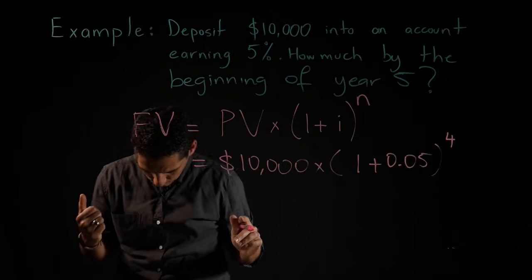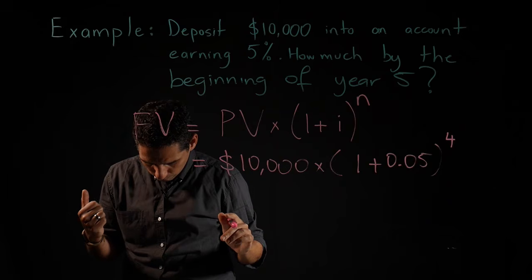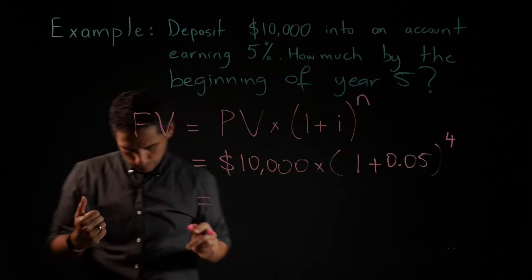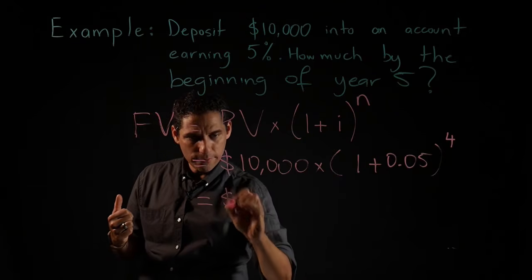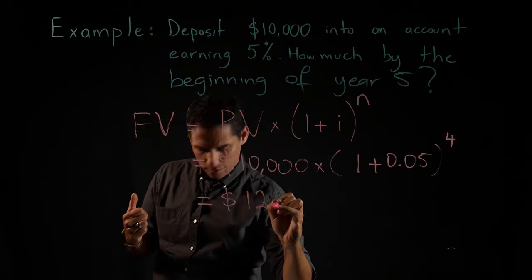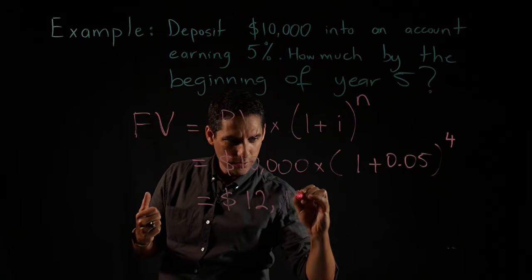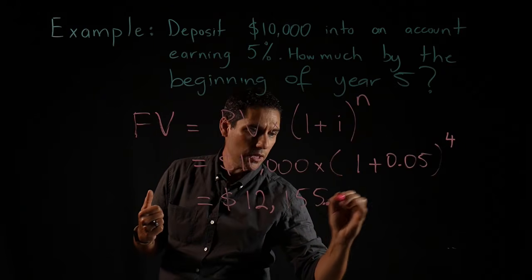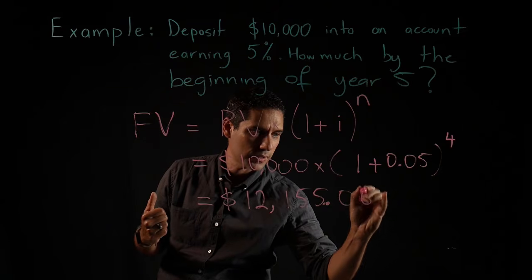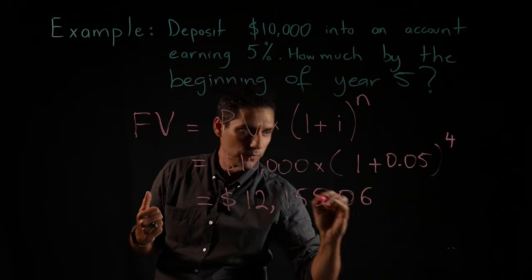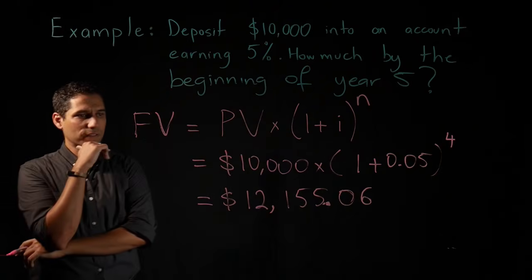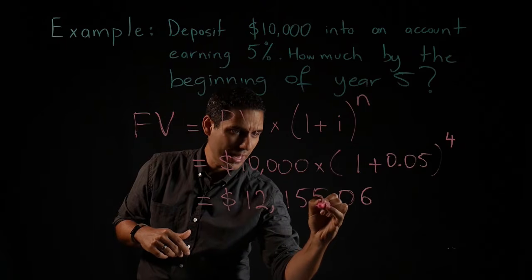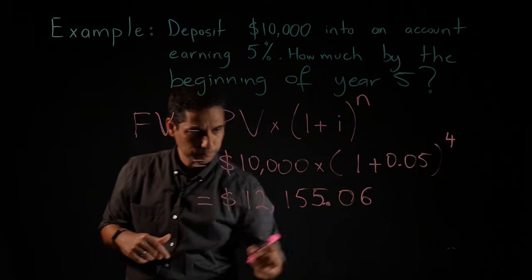So then if we crunch the numbers, we are going to have $12,155.06, remember, round to the nearest cent, unless otherwise stated. Right?